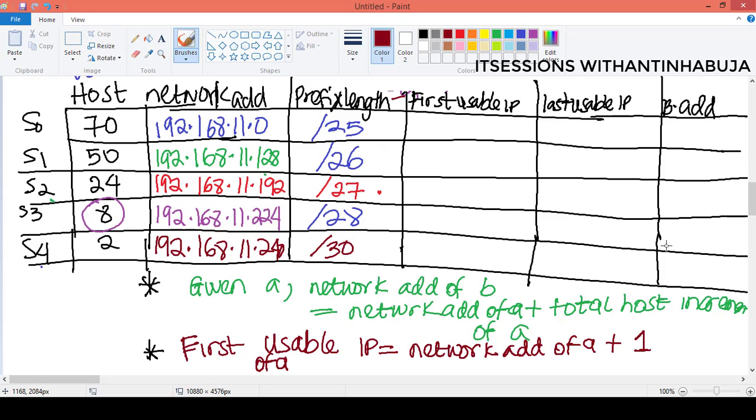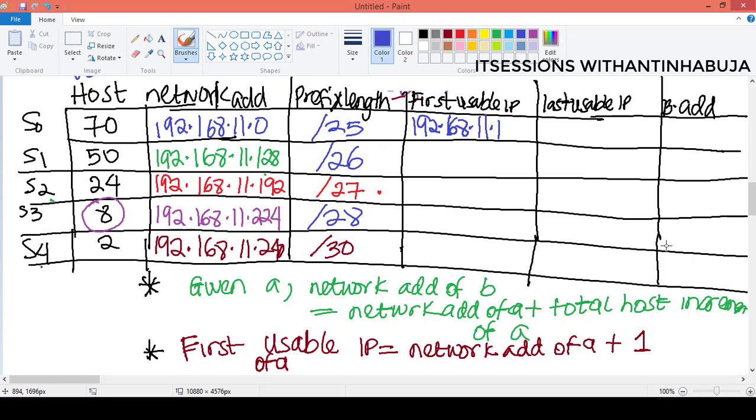So for S0, it was 192.168.11.0. So our first usable IP address will now be 192.168.11.1.